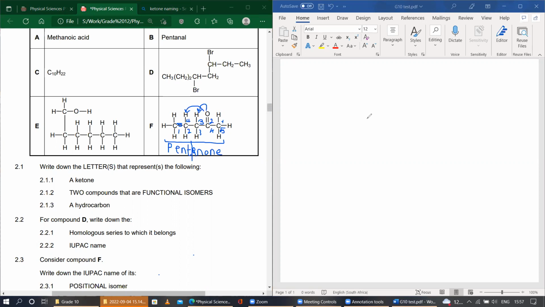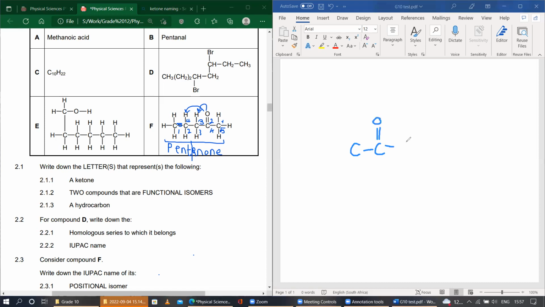Sometimes they perform different functions, but the chemical formula is still the same. So you have 5 carbons, and the chemical formula has to stay the same. So you can just do this and have this here.